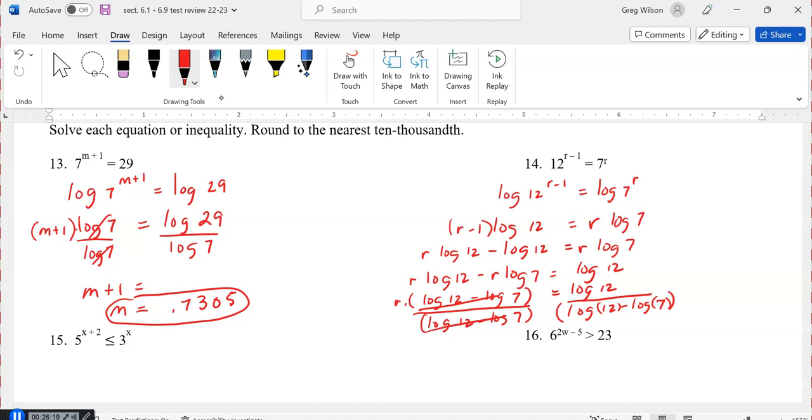So we should have parentheses around this entire denominator, and then around these two numbers separately. So total of 3 sets of parentheses in the denominator. And we got our answer for r, 4.6102.